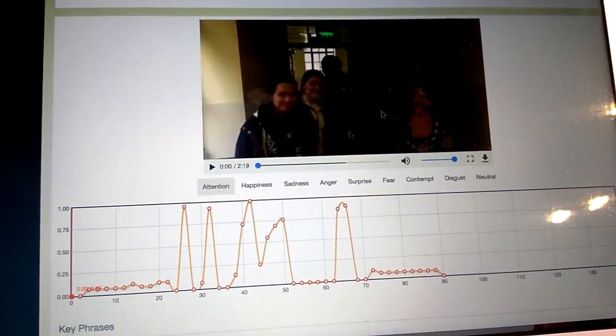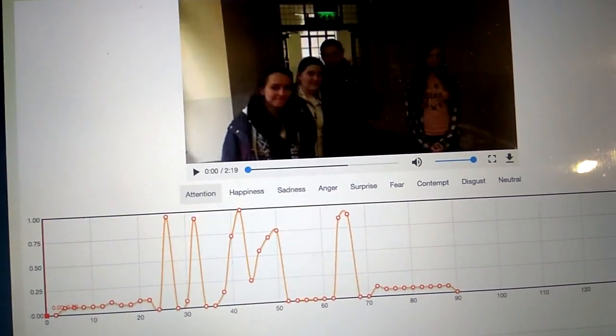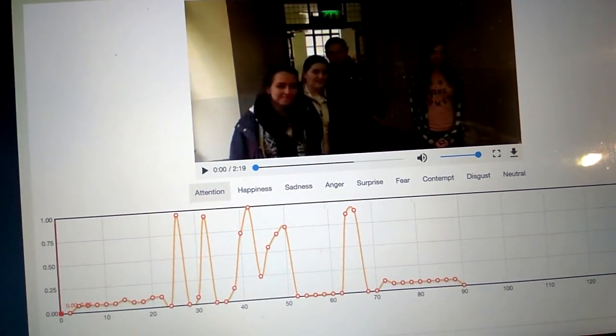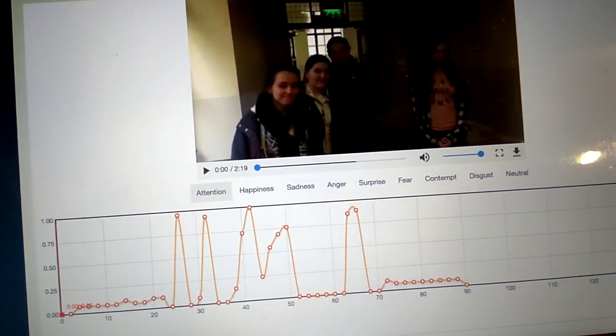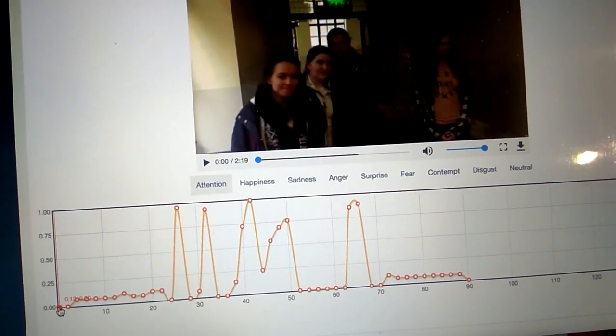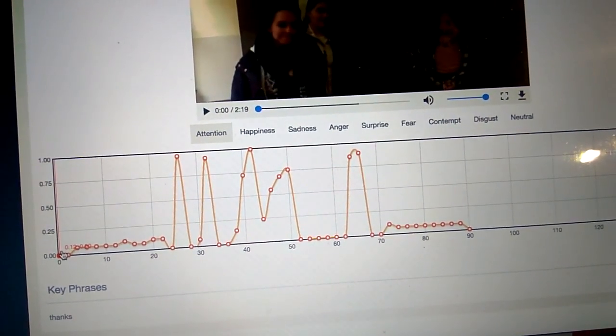We also created an interactive chart where you can see which parts of your speech were the best, with keywords provided at the bottom, so you can know what phrases had the most effect. And while you try to navigate around this, you can see how the attention changed.